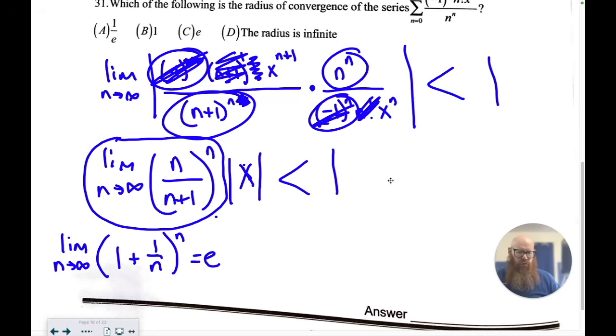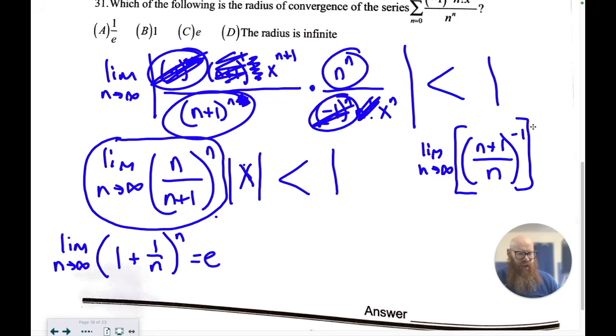So I'm going to do a little bit of work on this over here. It's the same as if we flip this, we get n plus 1 over n to the -1, and then all that to the n. Notice I haven't changed anything because I flipped it, but I raised it to the negative first power. And then n plus 1 over n is 1 plus 1 over n, all of that to the -1.